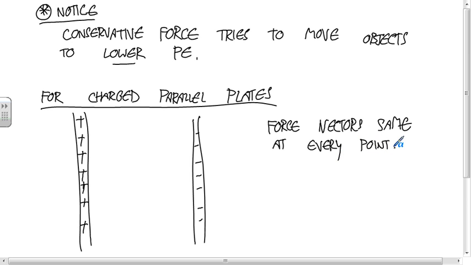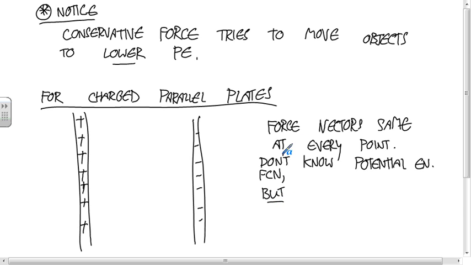What that means is, well, we don't have a way to calculate the potential energy function. But since those force vectors are constant, we can calculate work equal to the dot product of the force and the displacement vector.